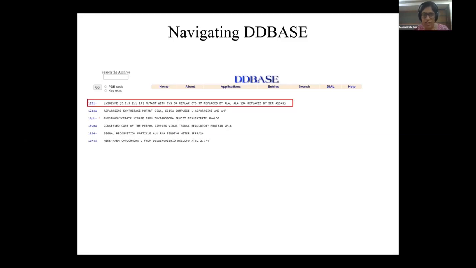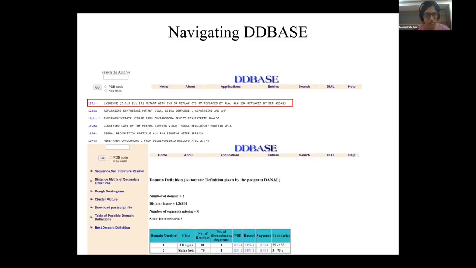Here I would be showing an example of the PDB ID 119L, which is a lysozyme structure. Once we click on this entry, we get the results. The result shown by default is the best domain definition. The best domain definition is, among all possible solutions, the one which has the highest disjoint factor. Here we see that there are two distinct domains.